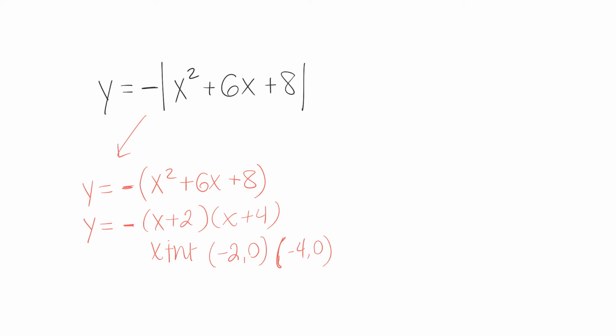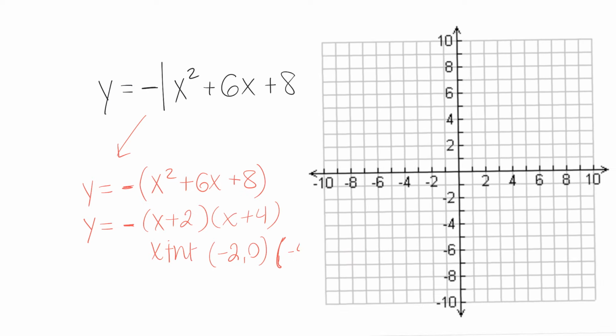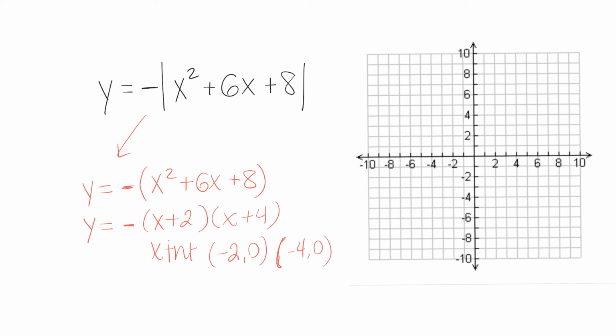So what does that mean for my absolute value? Well, remember, we saw that the absolute value doesn't impact your x-intercepts. So my x-intercepts are going to be at negative 2 and negative 4. That's not going to change. And if I were to graph this without my absolute value bars, my x-intercepts are here.